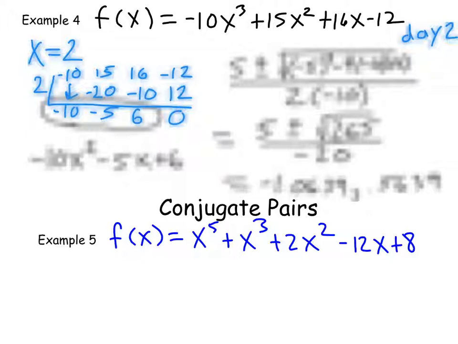Now we get to an interesting point because you would look at your table and see that you could look through that whole list of all, I think, 26 possible rational zeros, and you would see there are no more. You found the only one, which means a couple different possibilities. Imaginary zeros always come in pairs. So it's possible at this point that maybe we have 2 imaginary zeros, or they're real zeros and they're just irrational.